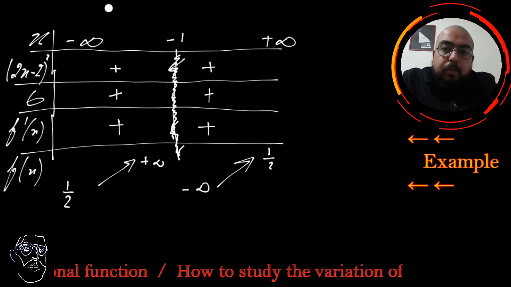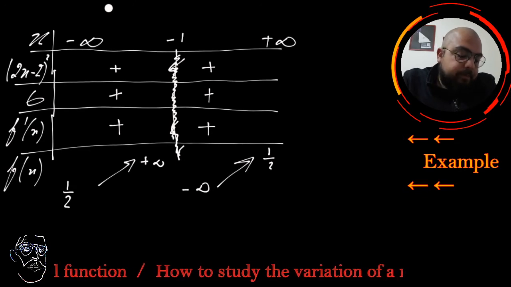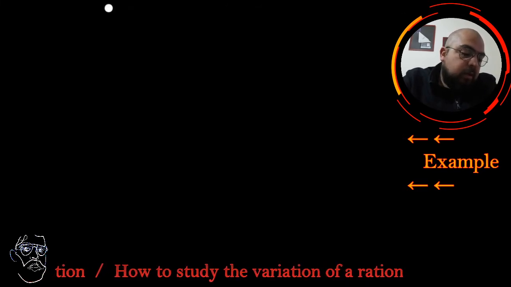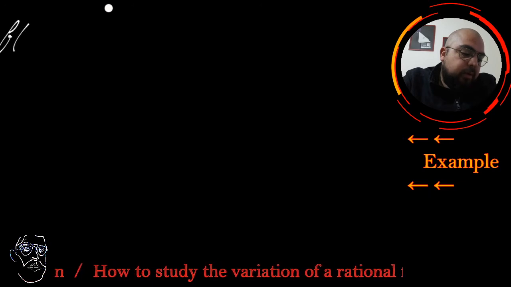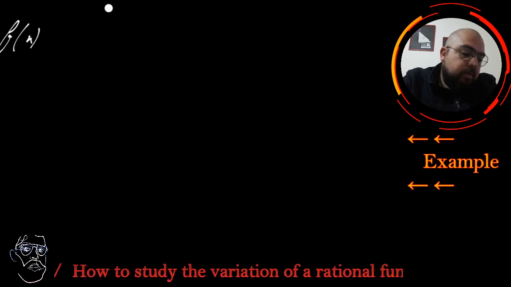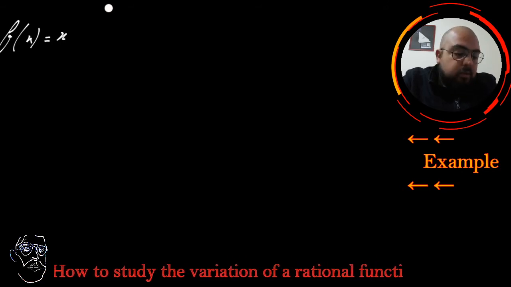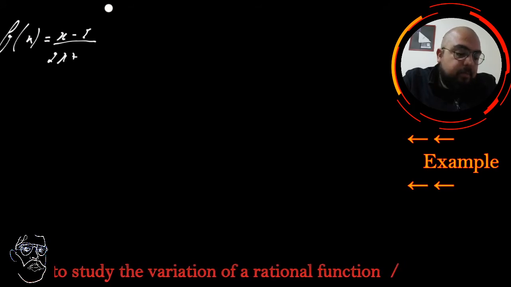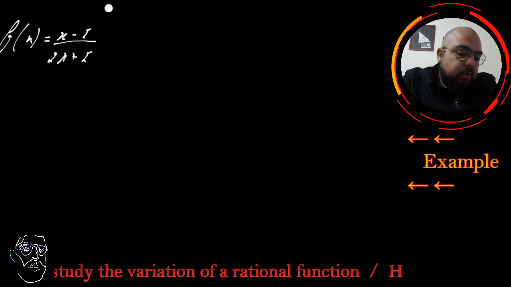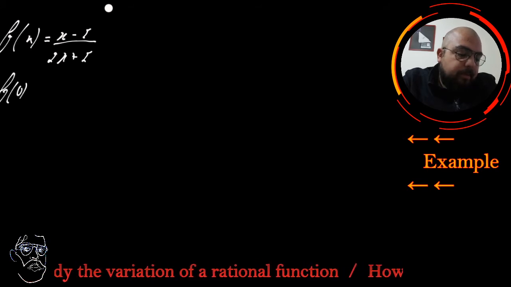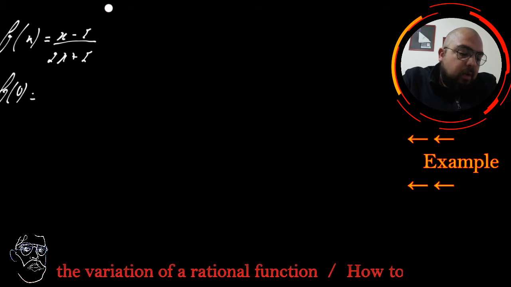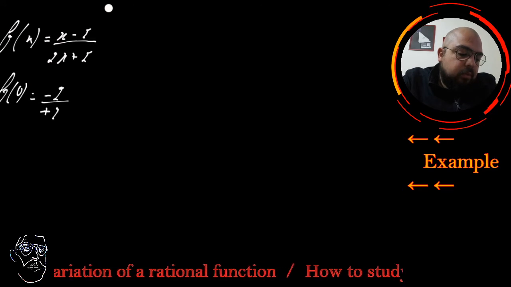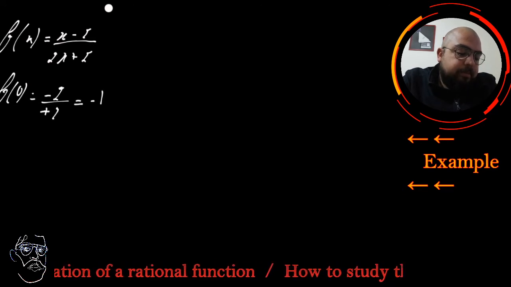I can choose some particular points and directly draw the curve. So I'm gonna take again a couple of particular points. F of x is equal to x minus 2 over 2x plus 2. So let's say x is equal to 0. F of 0 is equal to minus 2 over plus 2, so it's equal to minus 1.